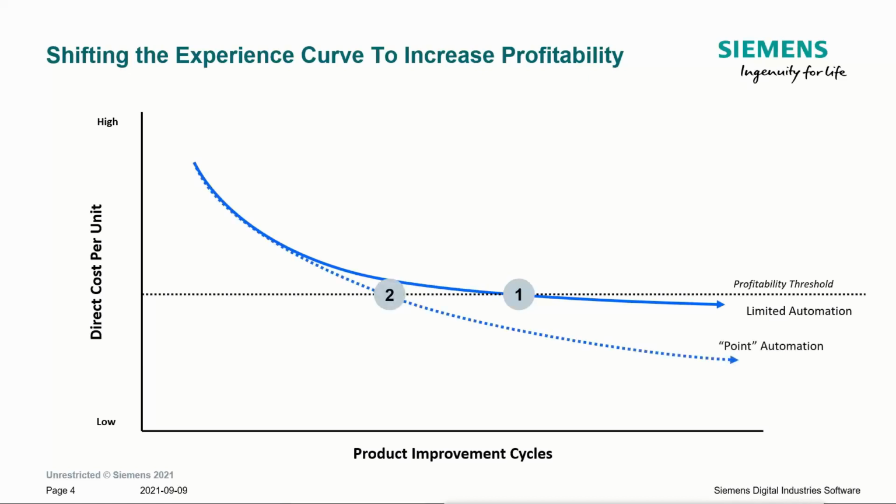This second line here is really the companies that end up seeking process improvement by incorporating point automation, again, laser projection systems or cutting machines or even simplistic flattening software. And those investments, I'm not saying they're not wise. I'm saying they only incrementally improve the development process and the manufacturing of that particular part.